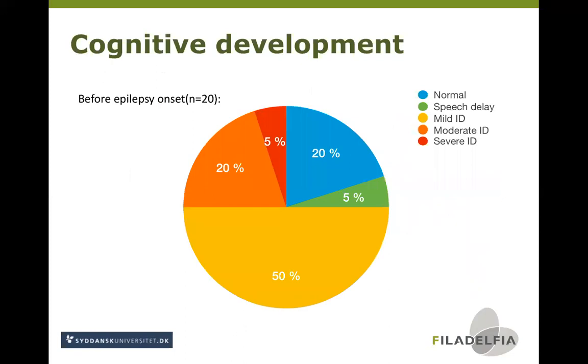And this is what it looks like before epilepsy onset. Just to let you know that we only had this data available for 20 patients. But as you can see, only 20% have normal development before epilepsy onset. The majority, half of them, have mild intellectual disability. But there is even one that has a severe intellectual disability.